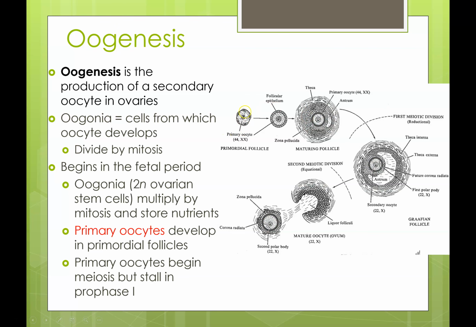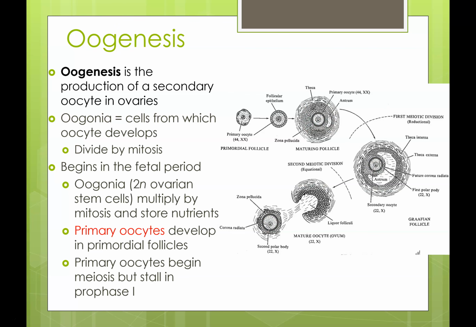So here we have a primary oocyte. You'll start to see that we'll get this layer of cells surrounding that oocyte, and those are called granulosa cells. I have that word coming up in a minute if you want a spelling.